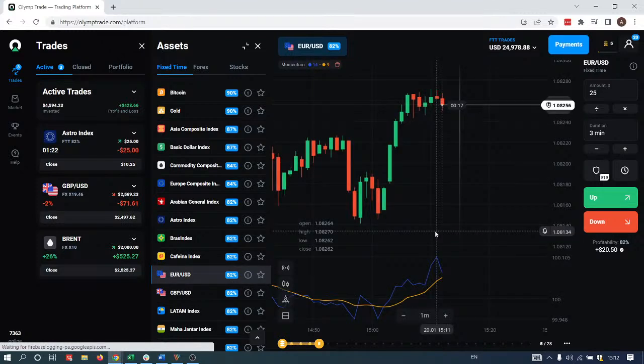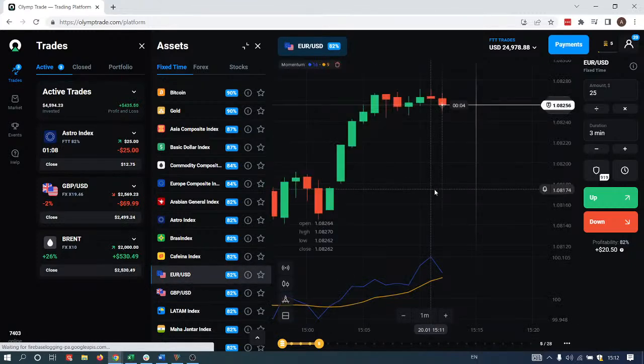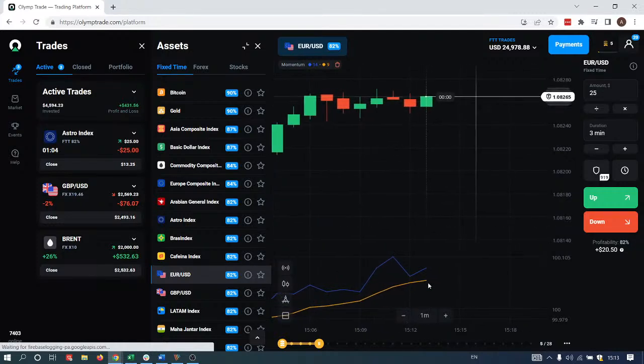Now, all right. A potential signal is about to appear on the euro against the USD. So let's watch this chart closely. Okay.